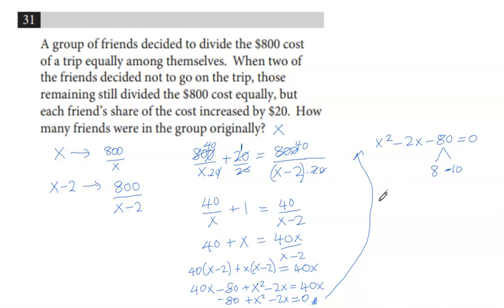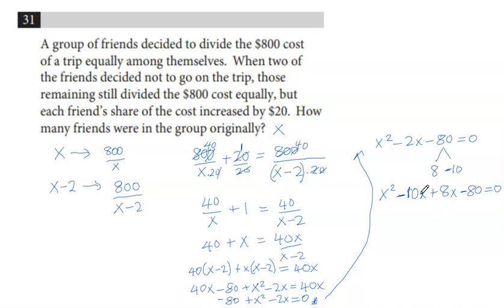So we're going to express this using these two, right? So we have x squared, and then we can say here minus 10x plus 8x minus 80 equals 0.